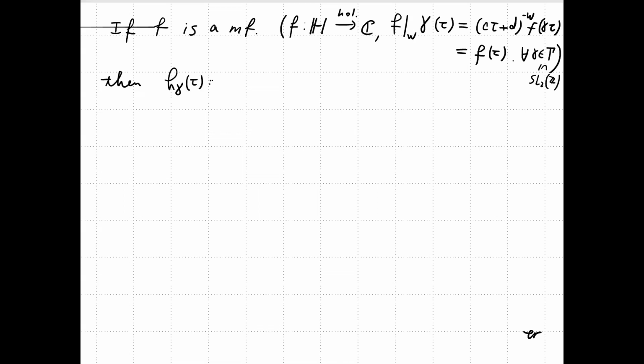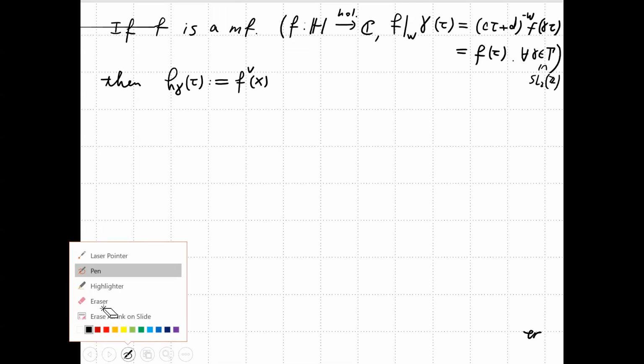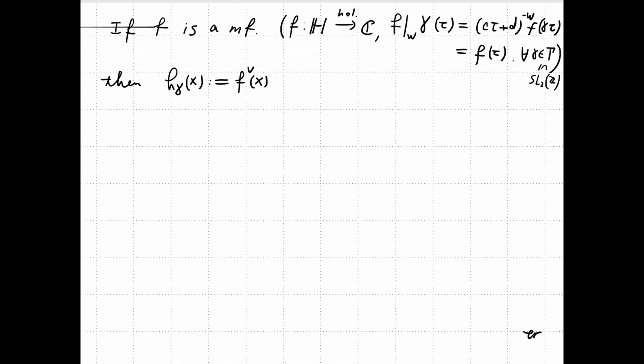Then the ensuing function defined on the rationals satisfies this property. Namely, if we take the modular difference, I apologize for the little typo, now we're on the rationals. So this cocycle of f check, namely the function itself minus its modular transformation, vanishes.